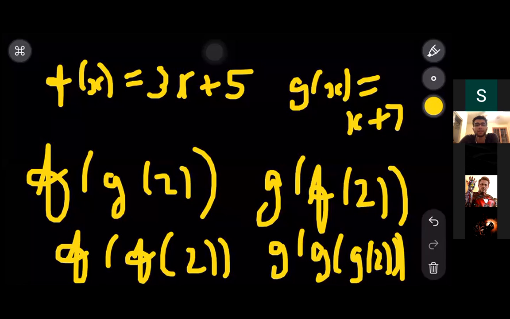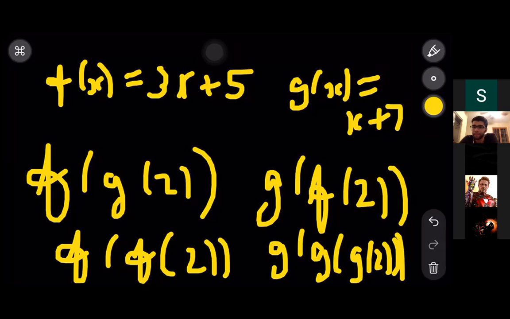For the third question, the answer is 35. No, sorry, 38, because f of 2 is 11, and then you do f of 11. So that's 33 plus 5, which is 38. And for the last question, the answer should be 23, I think, because g of 2 is 9, g of 9 is 16, and g of 16 is 23.